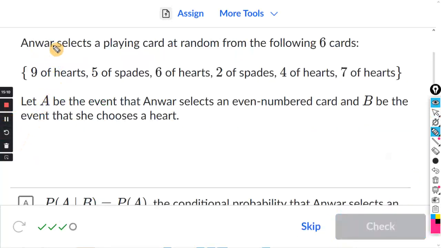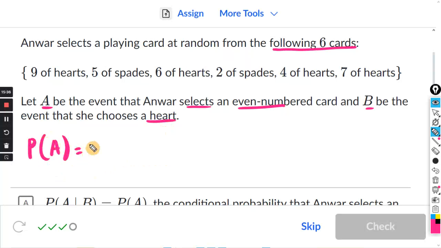All right, last one. Anwar selects a card from the following 6 cards: 9 of hearts, 5 of spades, 6 of hearts, 2 of spades, 4 of hearts, 7 of hearts. Let A be the event he selects an even, B be the event that she chooses a heart. So we have to do the test. Let's first do the probability of A, that she selects an even number.